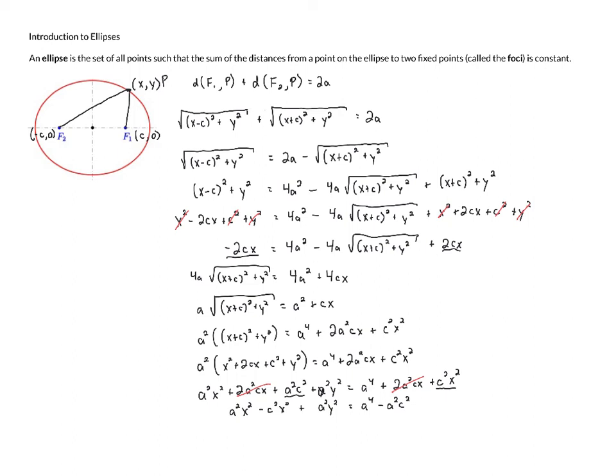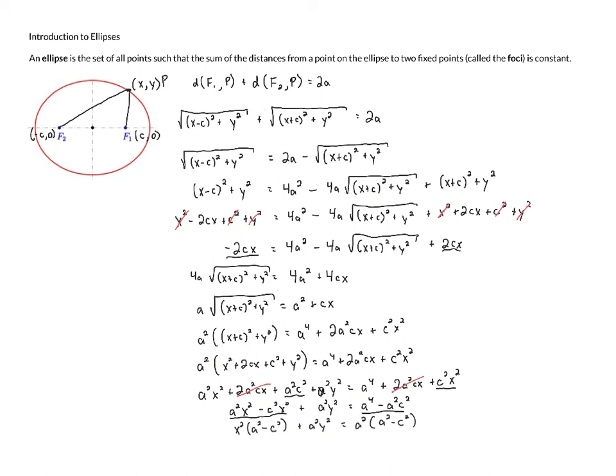And what we're going to do is factor out an x squared from those two terms, and factor out an a squared from those two terms. We're going to have x squared times (a squared minus c squared) plus a squared y squared. And then on the right, a squared times (a squared minus c squared).